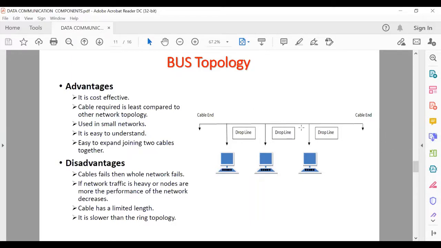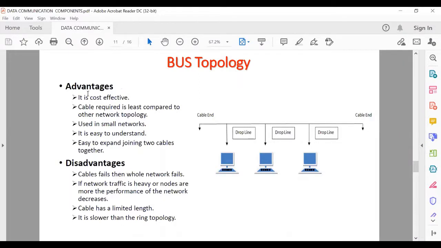When it has exactly two endpoints, then it is called linear bus topology. Different features are here, like it transmits data only in one direction. Every device is connected to a single cable.